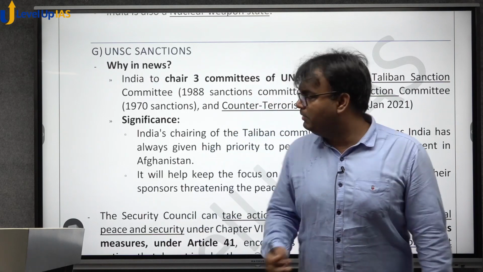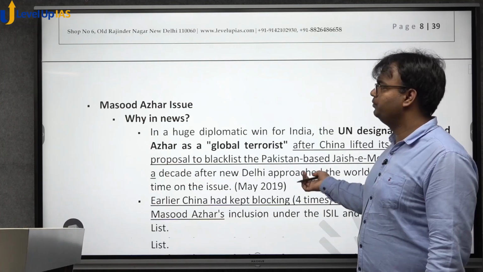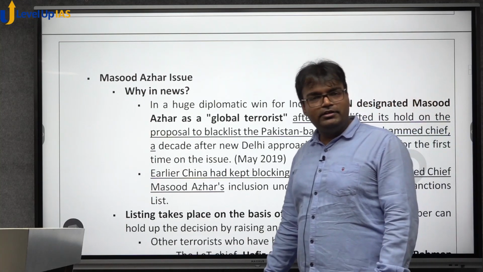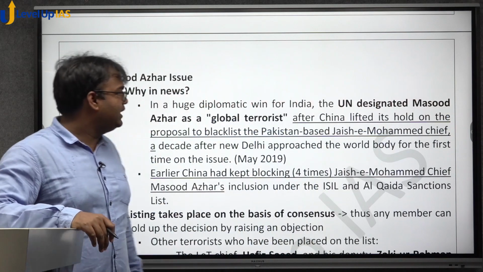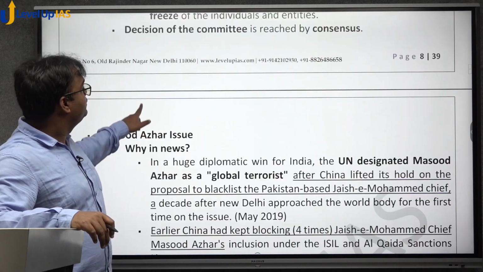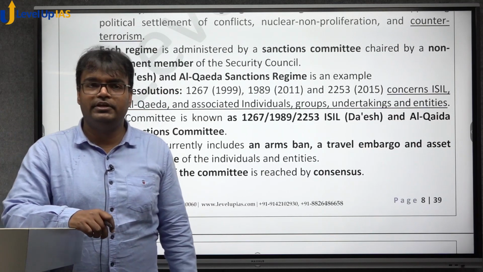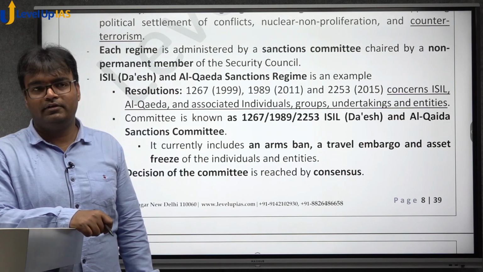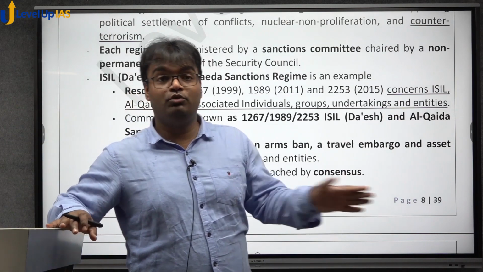So recently you must have heard about the Masood Azhar issue. India wanted that Masood Azhar should be listed as a terrorist under the ISIL Al-Qaeda sanction regime. India wanted this to happen, but India was not able to get it done for almost 10 years.